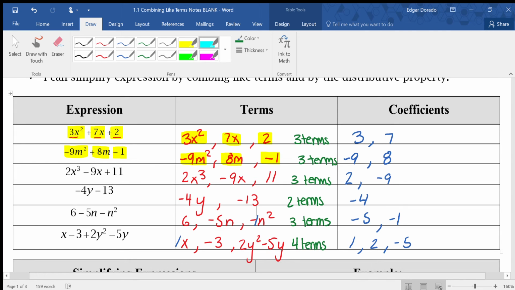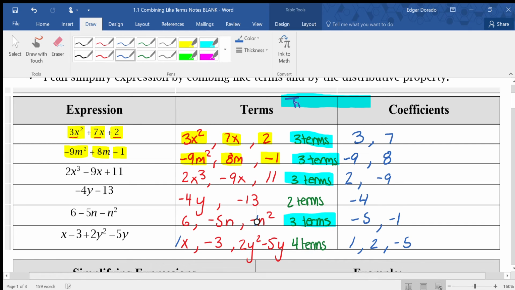So the reason why I wanted to go further into that is because these right here, 3 terms, 3 terms, 3 terms, 3 terms, those have, and if you want to write it down right up here, a special name. Those are called trinomials. Okay, so if you guys hear me say some of that later on in this chapter, you'll know exactly what I'm talking about. So again, 3 terms, those are called trinomials.